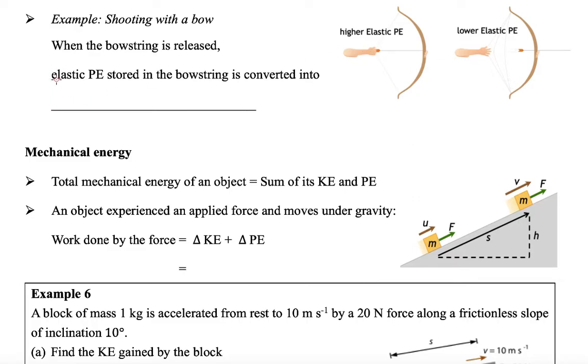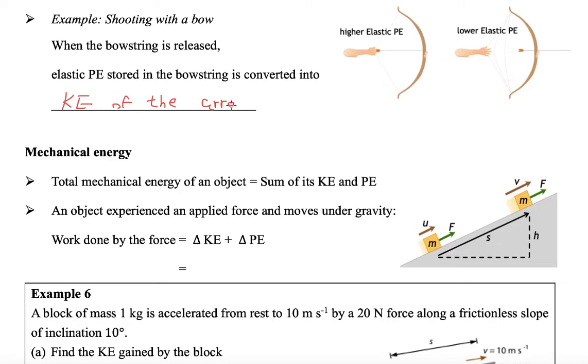So the arrow will be released and start moving. After you release the bowstring, the elastic PE stored in the bowstring will be converted into what? It would be converted into the KE of the arrow.